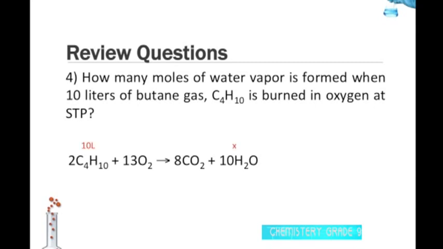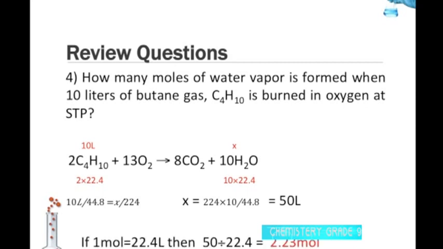Let's write the known and the unknown on the top, the moles on the bottom, times the weight, set up the proportion, and solve for x. 50 liters. If we want to get this into moles, 1 mole equals 22.4 liters. So 50 divided by 22.4 is 2.23 moles.